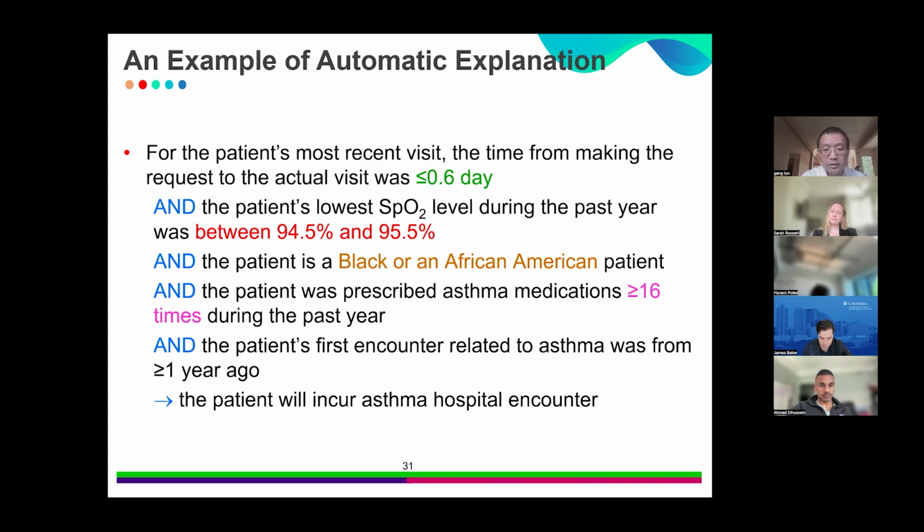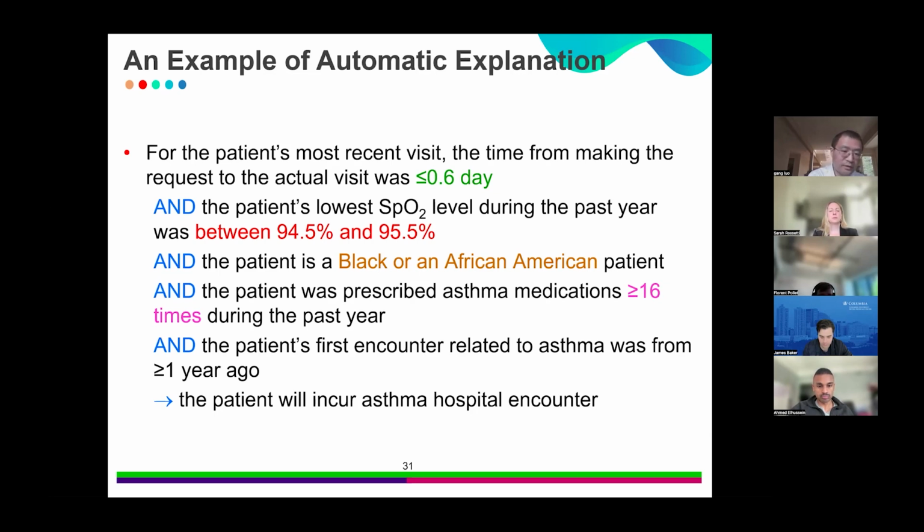And all those numbers, 0.6, 94.5%, and 95.5%, are automatically discovered using the association rule approach. We don't manually assign those numbers. Those are discovered from the data set automatically. The third factor is that the patient is a Black or African American patient.